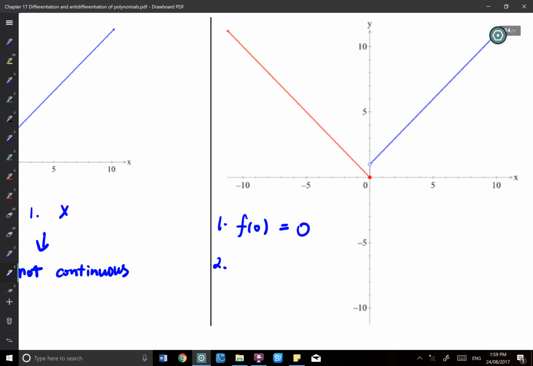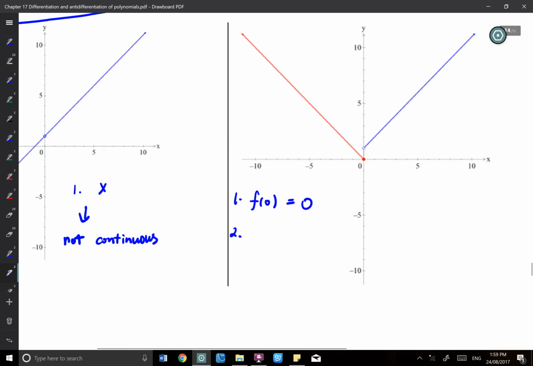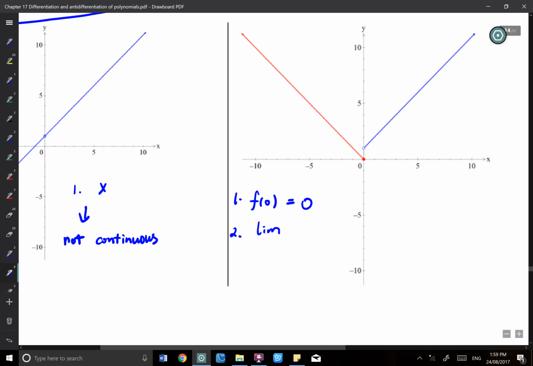But how can you say there's no limit? You can't just say the limit does not exist. You talk about the left hand side and right hand side. The limit as x approaches 0 from the left of f(x) equals 0, because it goes towards that end. Can you see that's the wall at x equals 0? Going the red path, you will reach the ground floor.